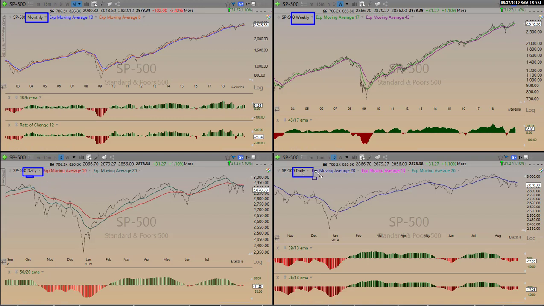These are both daily charts. By faster, I mean the moving average periods are shorter, and so the lower you go, for example, this one you have a 50 and a 20-day, they're going to respond quicker to prices versus your longer term indicators. So these might look like they're lower numbers, but they're not, because this is a monthly chart.